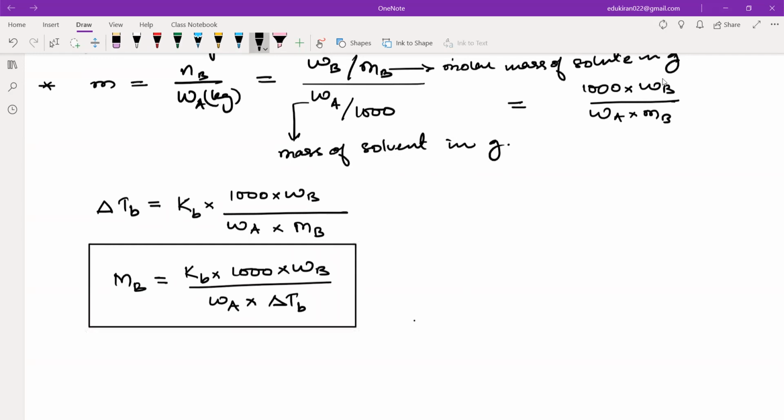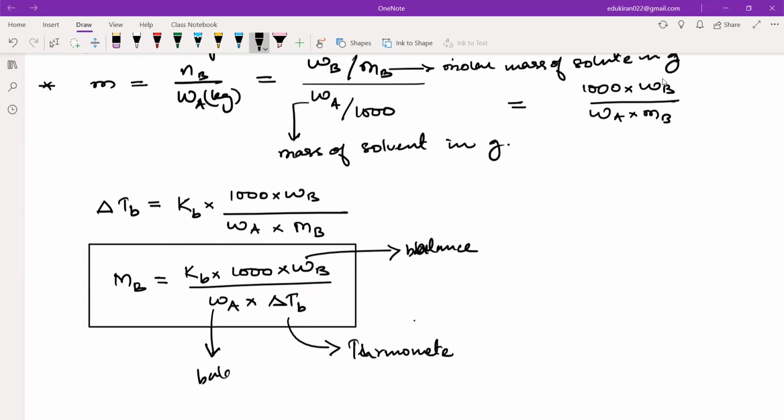Now these things are very important if you think about them in the practical sense. Delta TB के लिए आपको क्या चाहिए? थर्मोमीटर, ठीक है? W के लिए आपको क्या चाहिए? You have to have a mass balance, या फिर आपके पास कोई measuring tool होना चाहिए. तो इलेक्ट्रिक का अब तो आने लगा है ना, you can measure WB, इसके लिए भी आपको क्या चाहिए? You need some kind of balance, है ना?